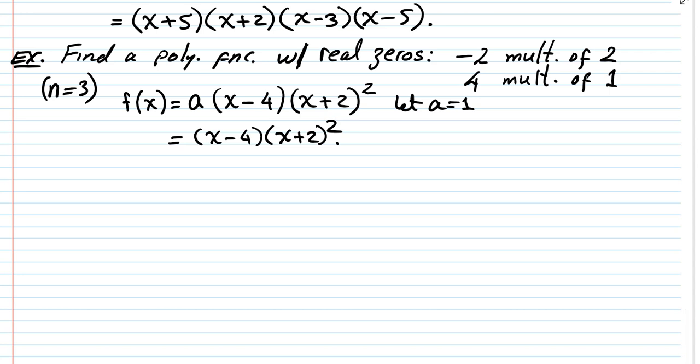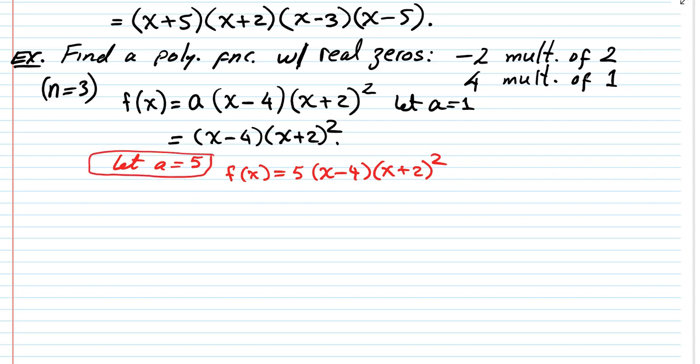Now, again, if you let a be something else, then the answer would work. So if you let a be 5, for instance, then the answer is going to be f of x equal to 5 times x minus 4 times x plus 2 squared. So there's not a unique answer to this kind of problem, depending on what you let a be.